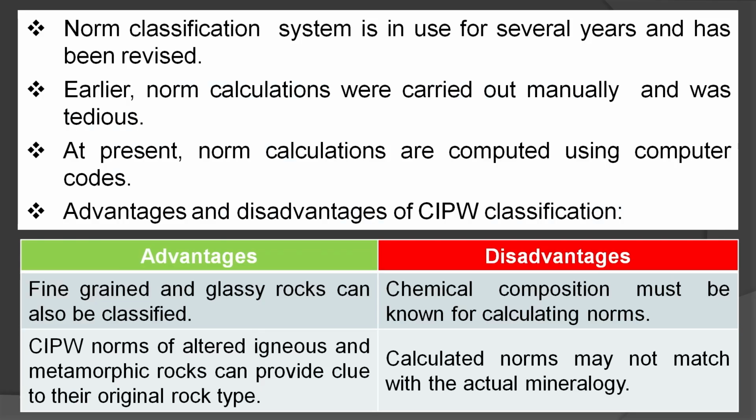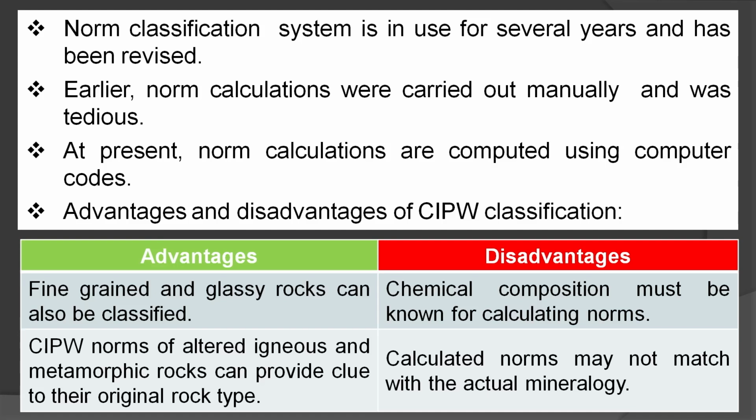The norm classification system has been in use for several years and has been revised a number of times. Earlier, the norm calculations were carried out manually and it was considered a tedious task. Right now, norm calculations are computed using computer codes. There are a few advantages and disadvantages of the CIPW classification.